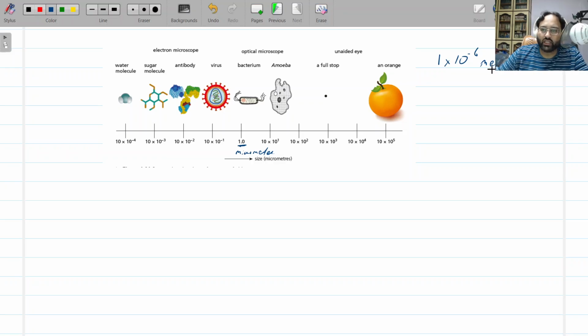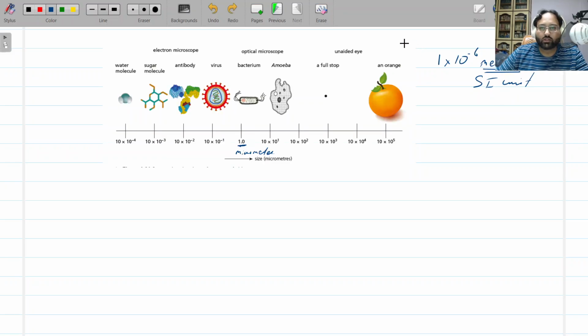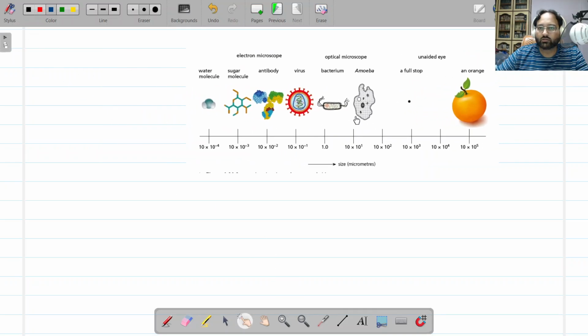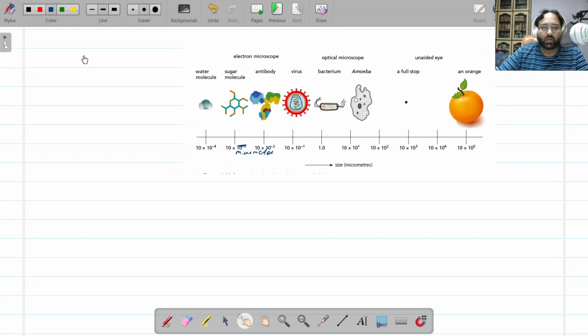A micrometer is 1 into 10 to the power minus 6 meters to begin with. The reason I'm converting that to meters is because meters is the SI unit of length. Let me move this over here, sorry about this.